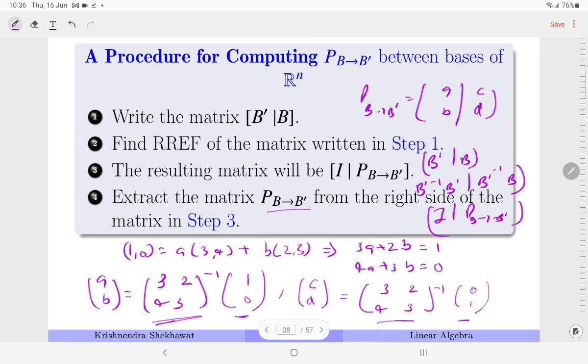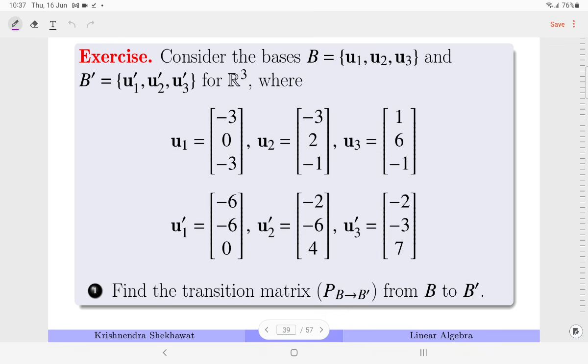Similarly, if you have to compute P B dash to B, then you write B on the left hand side and B dash on the right hand side.